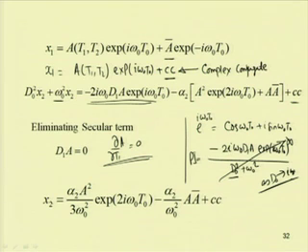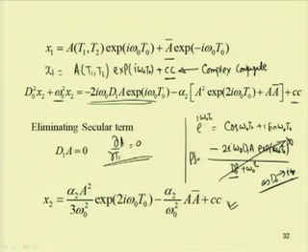Here x 2 equals alpha 2 a square by 3 omega 0 square e to the power 2 i omega 0 t 0 minus alpha 2 by omega 0 square a bar plus its complex conjugate. As this is e to the power 2 i omega 0 t 0, it is similar to the derivation we made before.